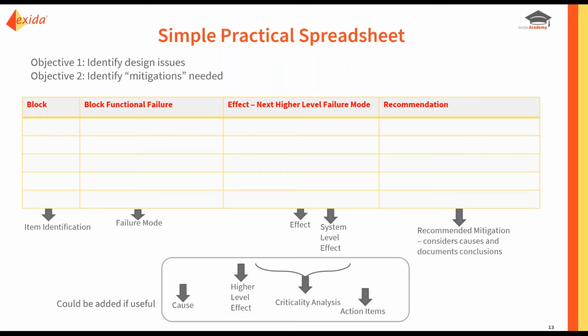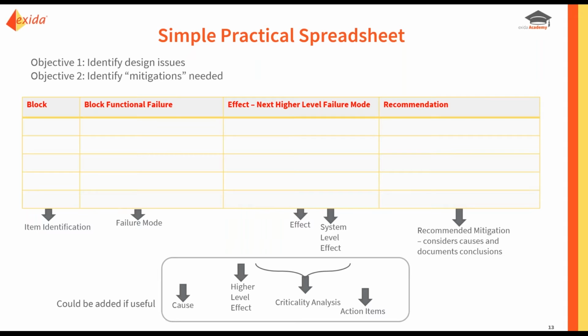And I'm a proponent of the simplest possible FMEA spreadsheet that meets the necessary objectives. This particular example has 4 columns in it, and I'm going to use this format for our simple example today.